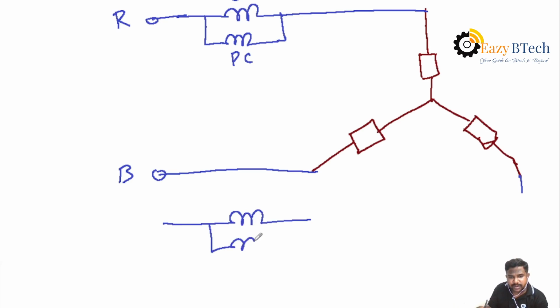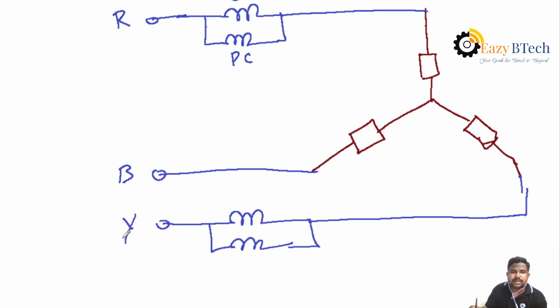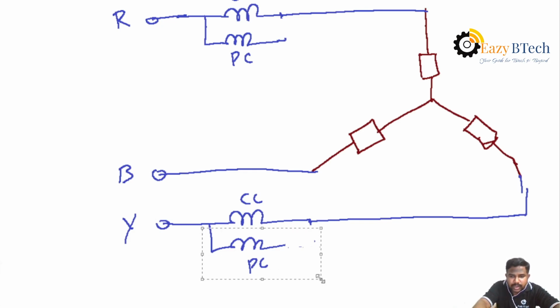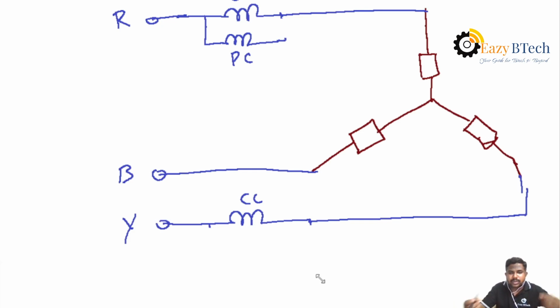In phase Y also, another second wattmeter is connected. That is, in R phase and in Y phase, two wattmeters are connected. The pressure coils of the two wattmeters are connected to another phase.